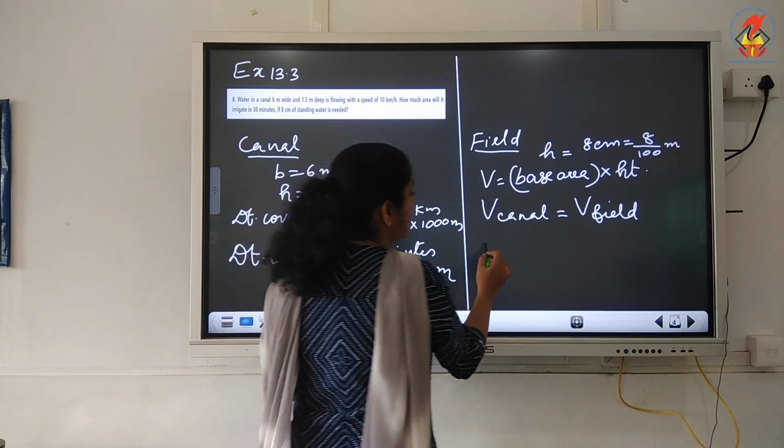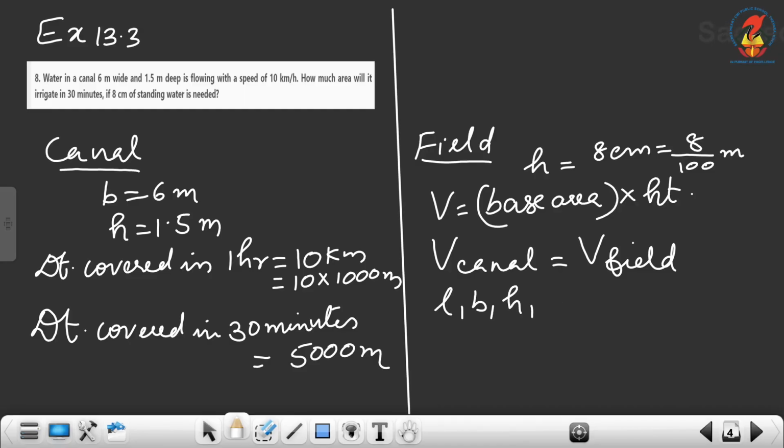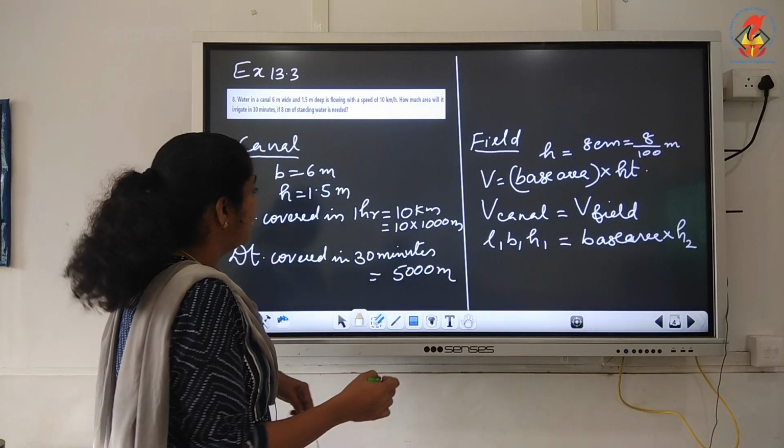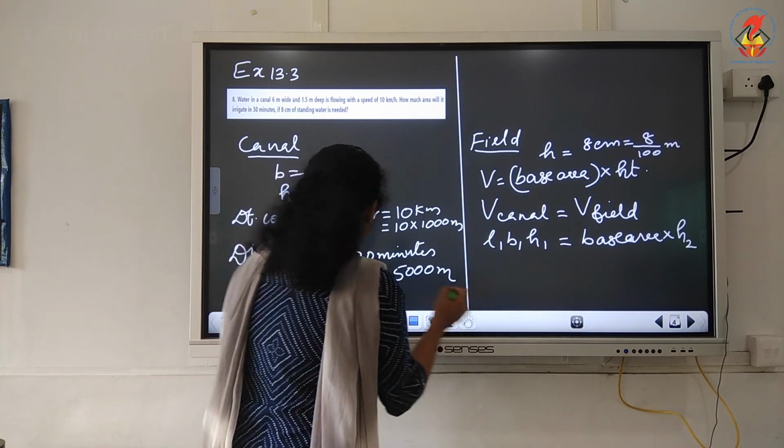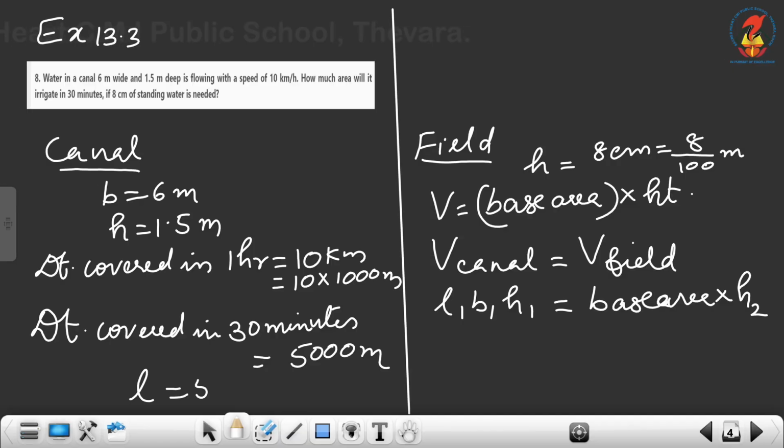So, what we are using is L1 B1 H1 is equal to base area into the height H2. What you have to find is the base area. Here, this is the length. So, base is 6 meter, height is 1.5 meter and length is 5,000 meter.